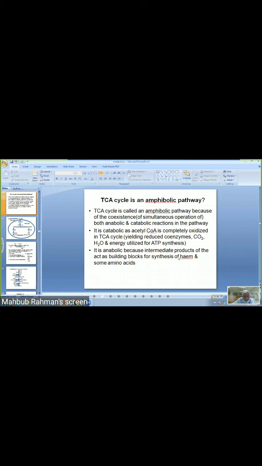Succinyl CoA is the building block for synthesis of heme, and from heme, hemoglobin, myoglobin, and cytochrome oxidase can be synthesized. Alpha ketoglutarate is a product which we will soon view in this citric acid cycle.